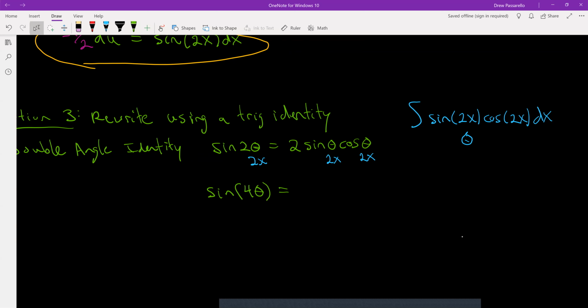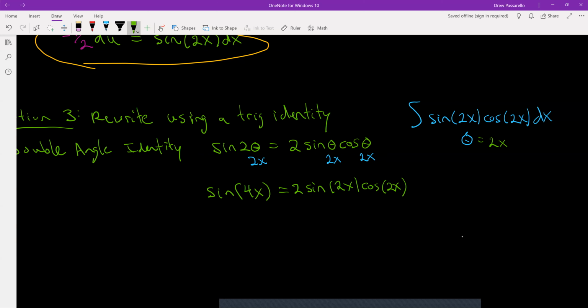That is equal to 2 sine of 2x cosine of 2x. And this should be x. So I'm letting theta be 2x. So 2 theta would be 2 times 2x, which is 4x.